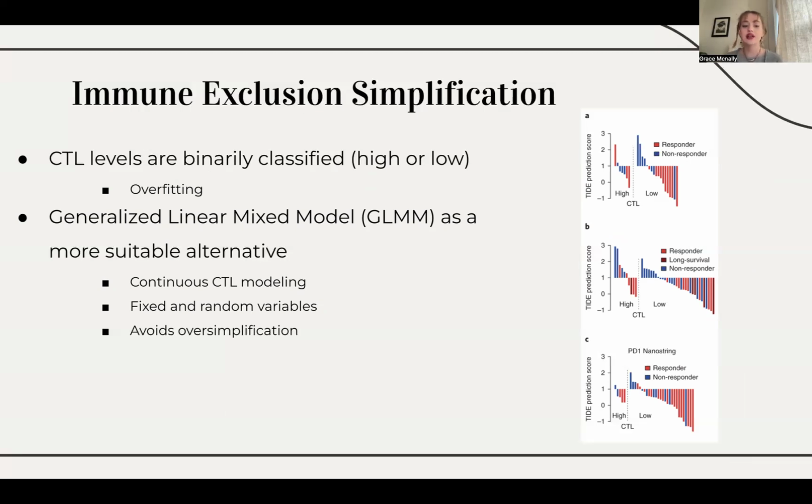It would allow for continuous CTL modeling for tumors that may utilize varying levels of both T cell dysfunction and T cell exclusion, while also accounting for variability across samples and patients. This avoids the inherent oversimplification that occurs in binary models and allows for more robust predictions to capture complex immune exclusion dynamics.